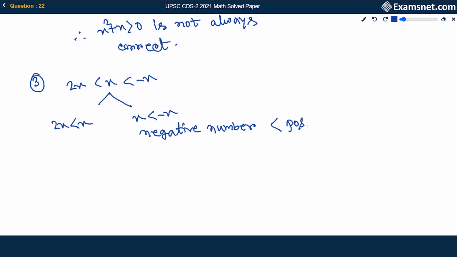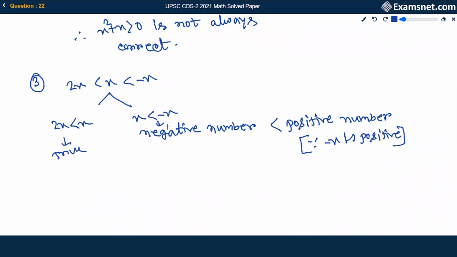So obviously a negative number is less than a positive number, correct? Minus x is positive because x is negative. So this one is also true. Therefore, we can say 2x less than x less than minus x is always correct.